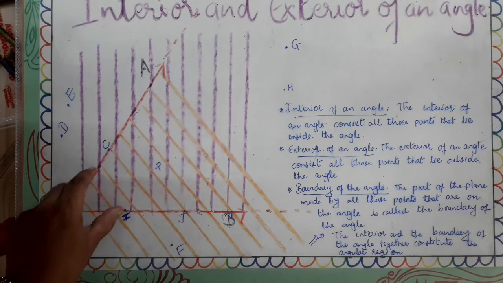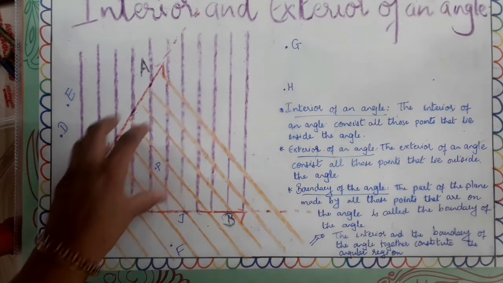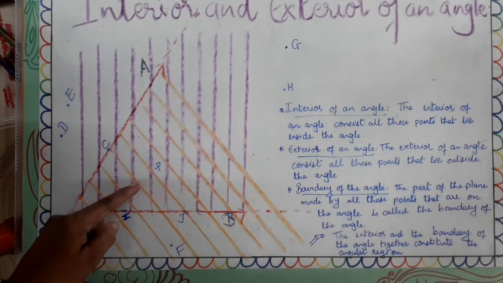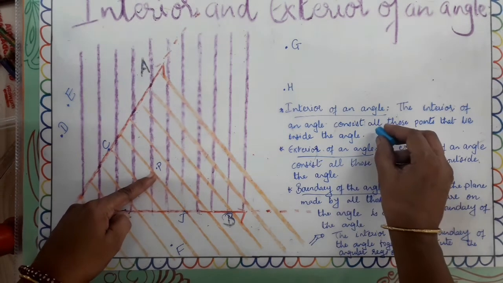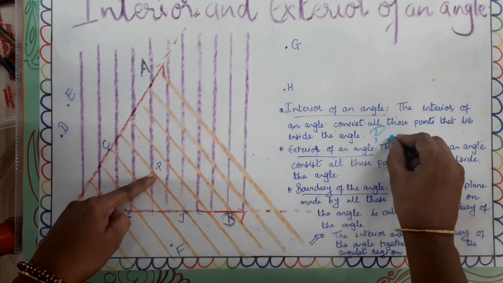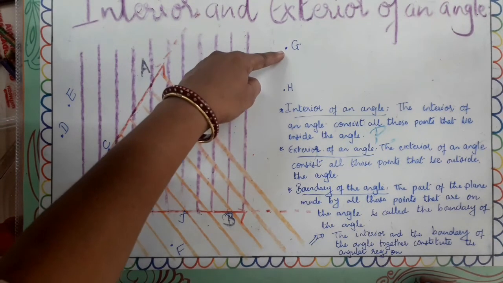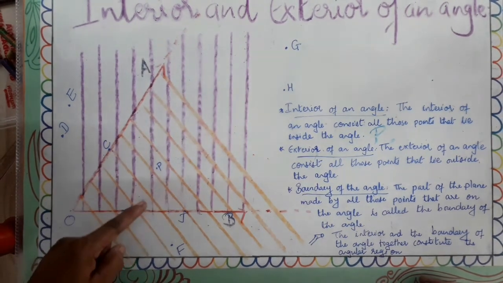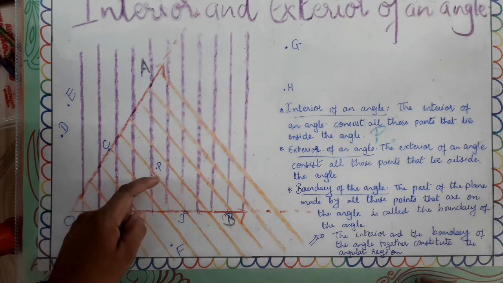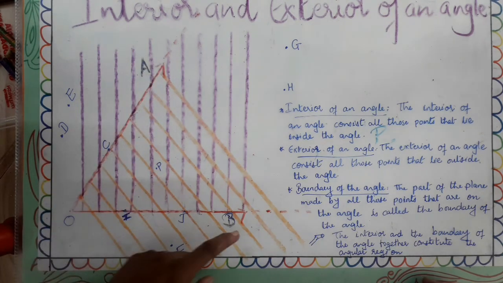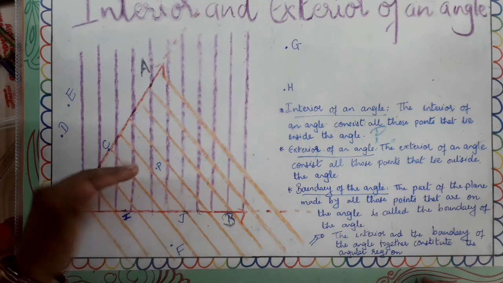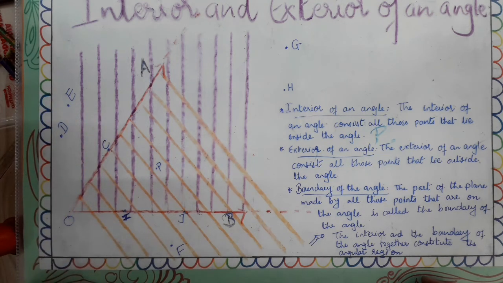So if I want to find out which are the interior points in the given figure, then of course you can say that point P. Okay, now I want to know whether H and G lie in the interior of the angle, on the boundary of the angle, or on the exterior of the angle.